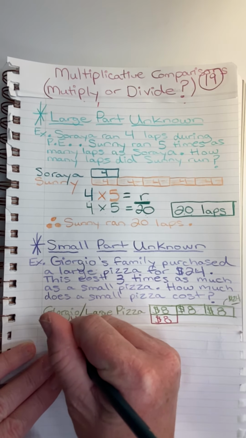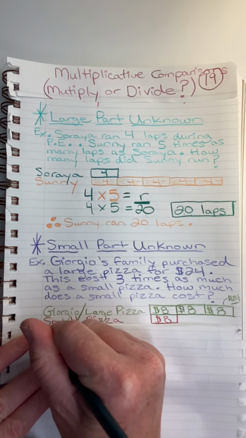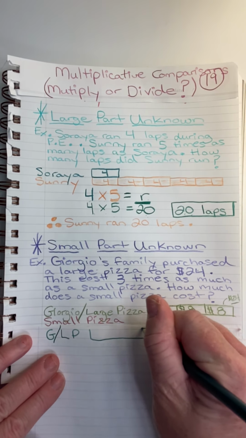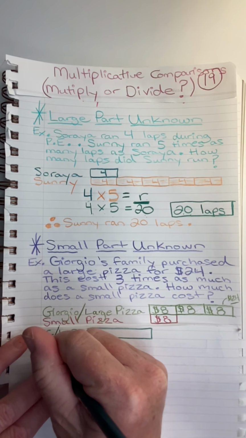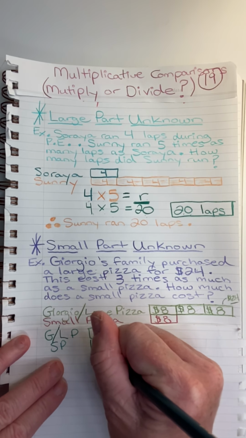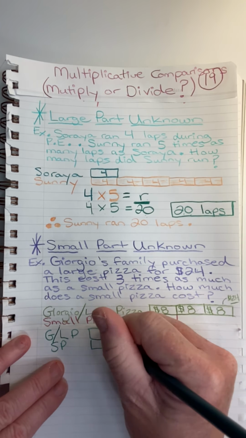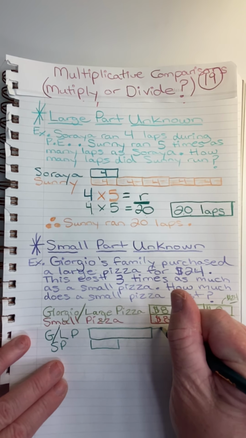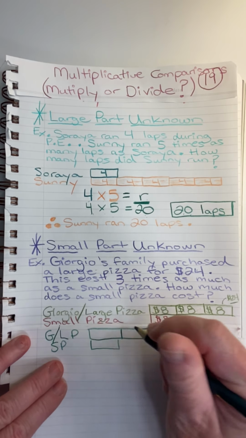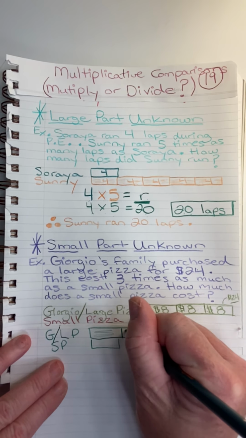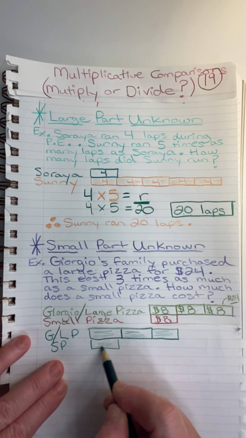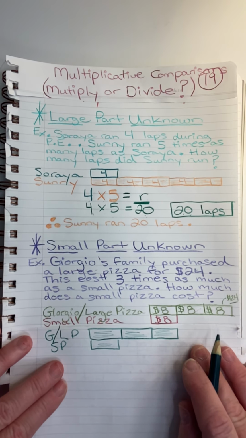So we would write large pizza, Giorgio, large pizza, and we'd have a box, and then we'd have our small pizza here, and it would be 1/3 the size. And so that almost looks like half the size, so we'll do this. Okay, so here we have a section, a section, and a section, and here we have a different section, okay?